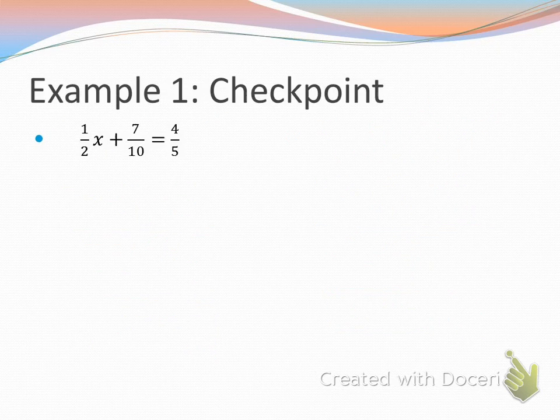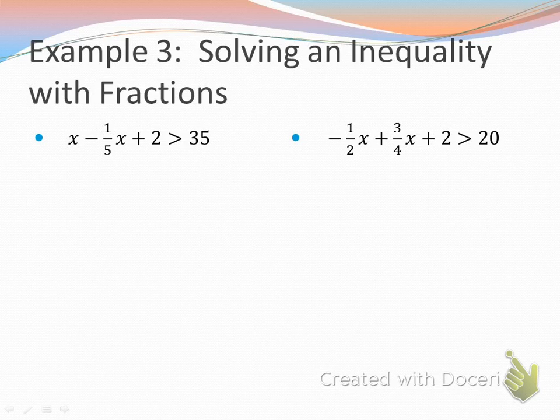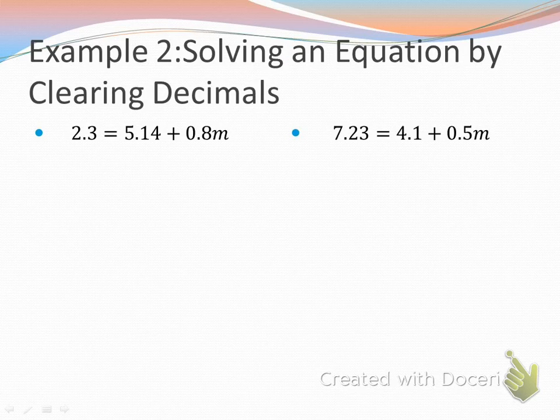Now, example 2 is how do I clear decimals? And when I'm clearing a decimal, I have to look at the place values of my decimals. So here it only goes to the what place? The first number. The tenths place.